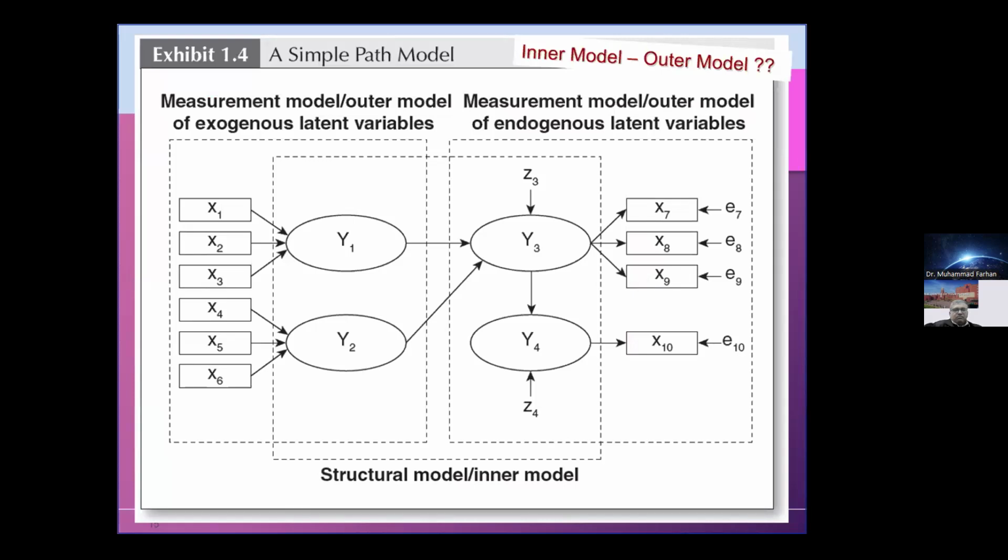This is another diagram where you see oval shapes and rectangles. Let me tell you, in the general diagrams, the concept, which is a latent variable, is pre-established. You draw it and you label it with certain arrows and the items of that construct.